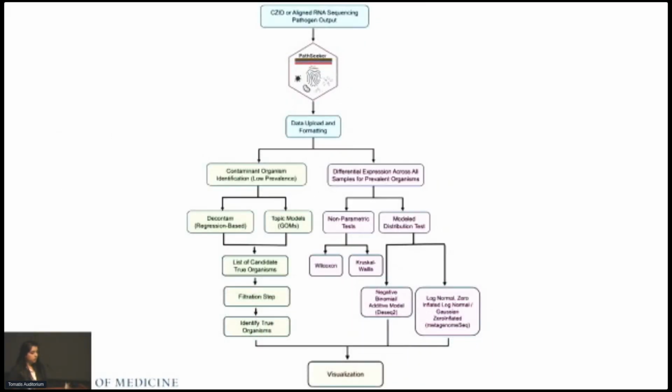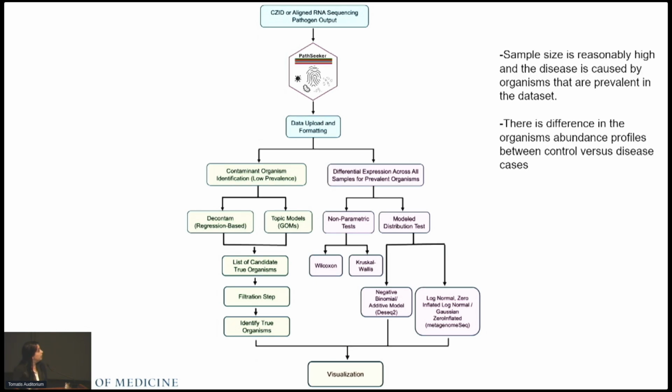PathSeeker is a combination of various statistical methods to call pathogens through any sort of RNA-seq data set. We look at it in two different ways. One is the standard one that you see to your right, which is differential abundance or expression, and you could use non-parametric tests or model distributions.